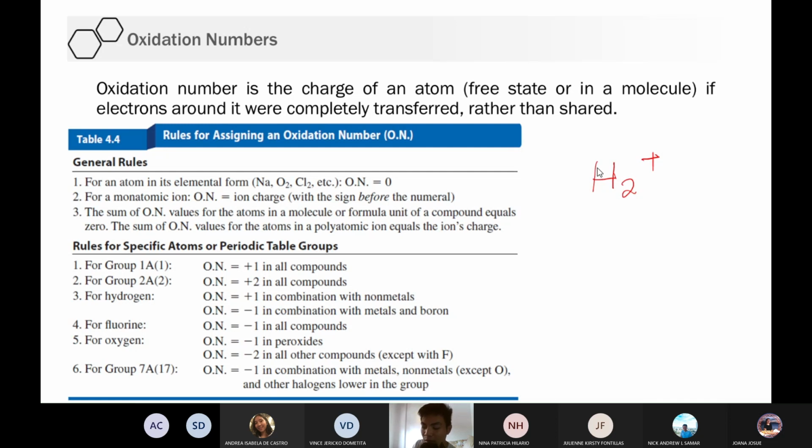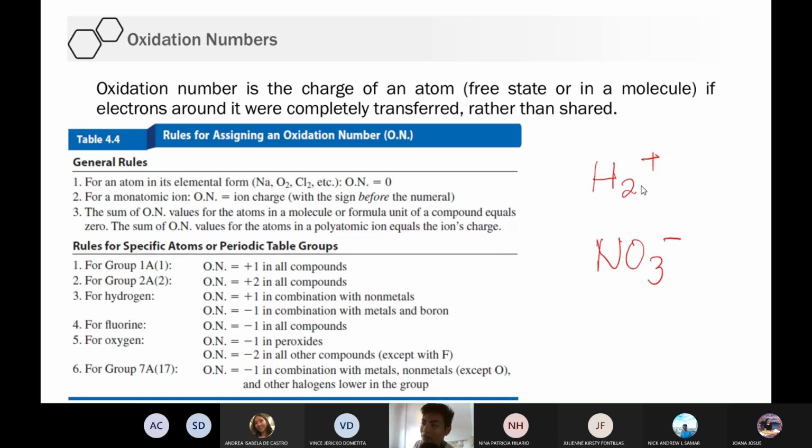How about this one? NO3 minus. Will the second rule be followed or not? Hindi rin. Kasi sabi natin, for rule number 2, it should be monoatomic only, at iisa lang yung atom. But in our examples here, dalawa yung atom.